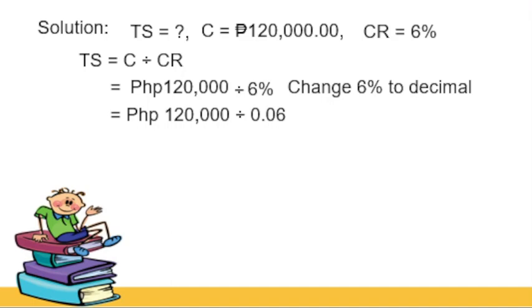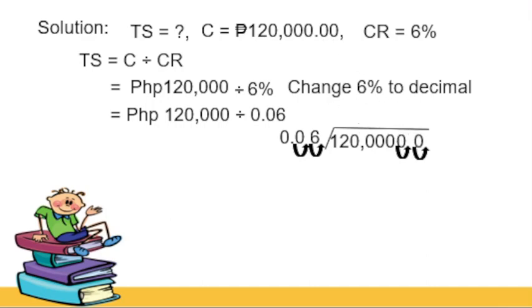So 120,000 divided by 0.06. Move 1, 2, and then move it also 1 and 2, and then put zeros.